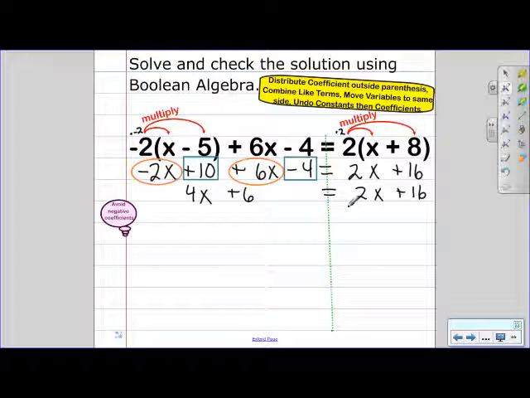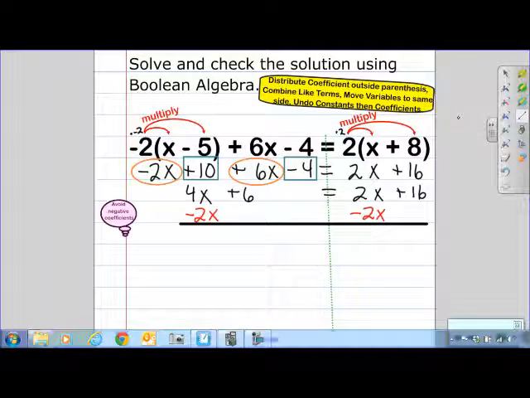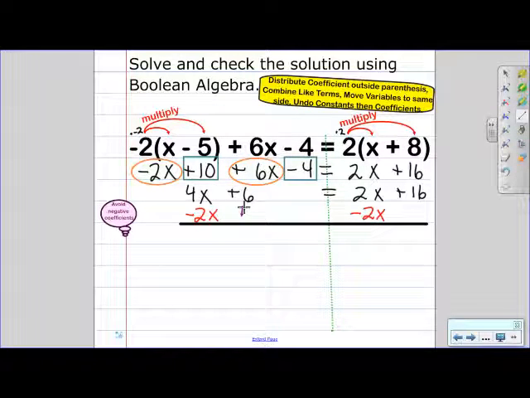So now I need to move the variables to the same side, keeping in mind I want to avoid negative coefficients. So with that, I'm going to move my smaller variable, which would in this case be the 2x. So I'm going to subtract 2x from both sides. I'm going to bring down my +6.